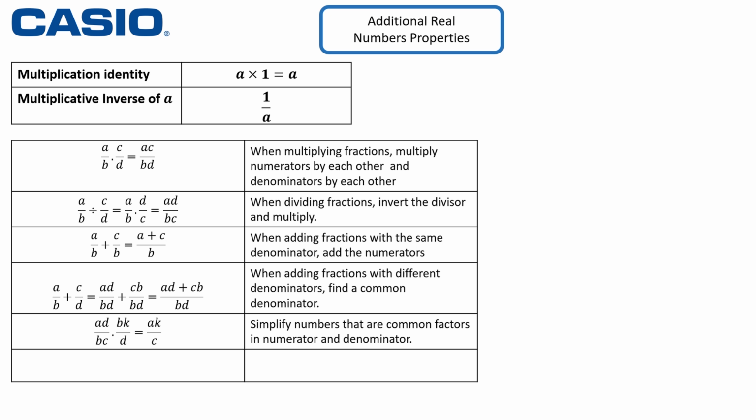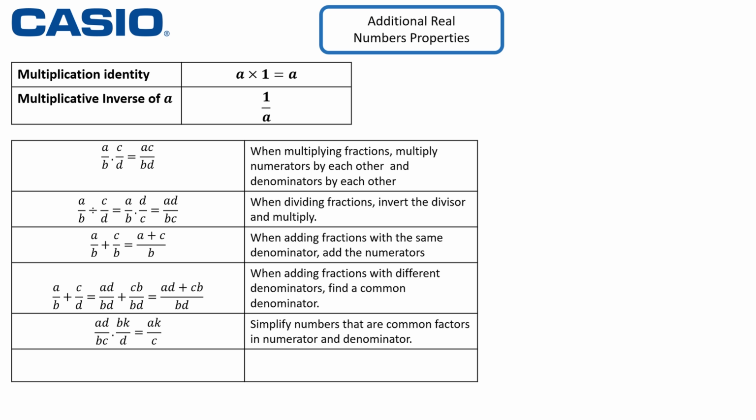Whenever we are multiplying two fractions by each other, we need to simplify the numerator and the denominator. What do we mean by simplifying? Whenever we have a common factor in the numerator and denominator, we can simplify. In this example, we have AD over BC multiplied by BK over D. What are the common factors between the numerator and denominator?